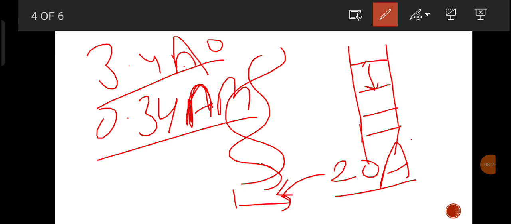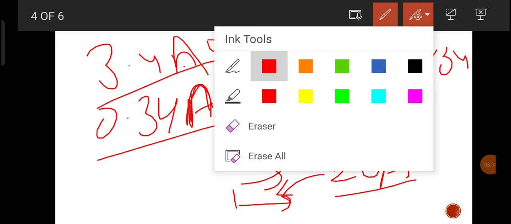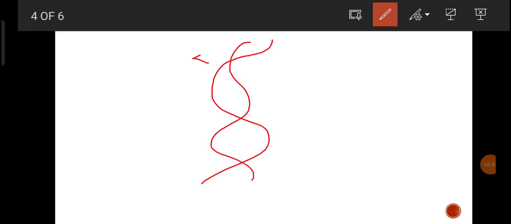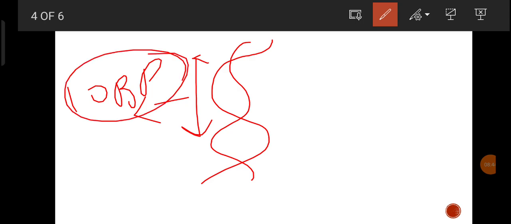This distance between base pairs is about 0.34 nanometer. Another thing is that one helix has 10 base pairs. This is the helical structure of DNA. From here, one helix to here, is about 10 base pairs.